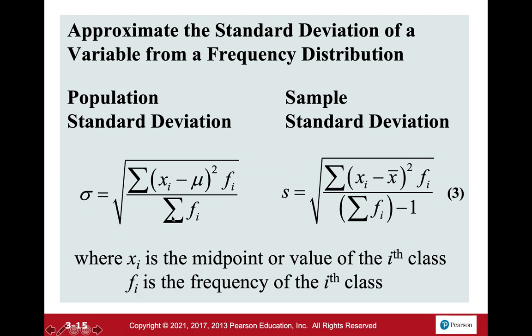The sum of the frequencies is the number of observations. Here it's capital N because it's the entire population. Here it's little n, and remember we're dividing by n minus 1 for these. So it makes these a little bit different.